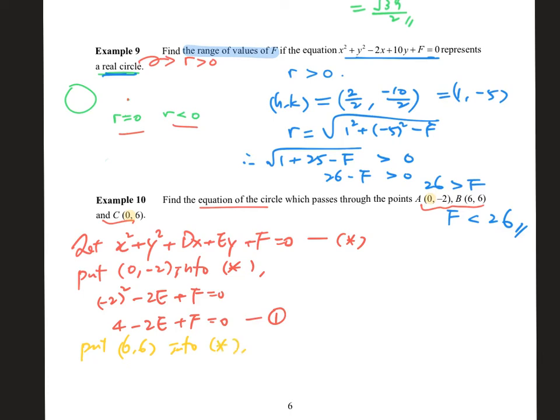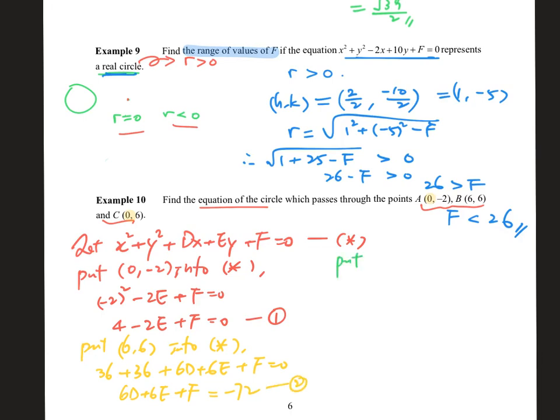Now you have 6, that means 36, plus 6d, plus 6e, and f equals 0. That means you have 6d plus 6e plus f equal to minus 72. Just pause it and keep it for a short while.